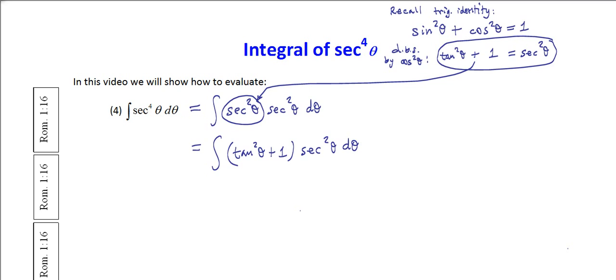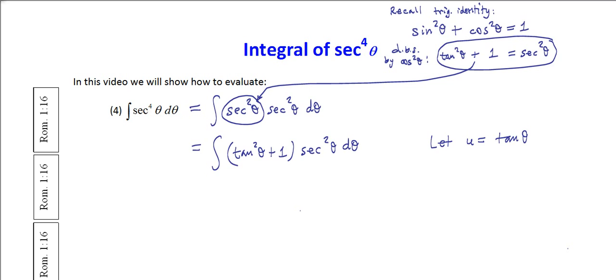Now, to do this, it's pretty simple. We do a u-substitution. Let u equal tangent of theta, and this is one that we've looked at at least twice over, once using the quotient rule, and then in the second video we used the product rule. So I'm not going to go through all of that.